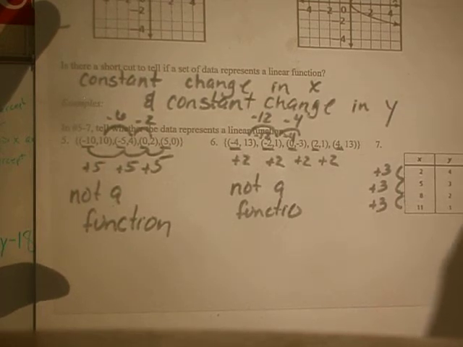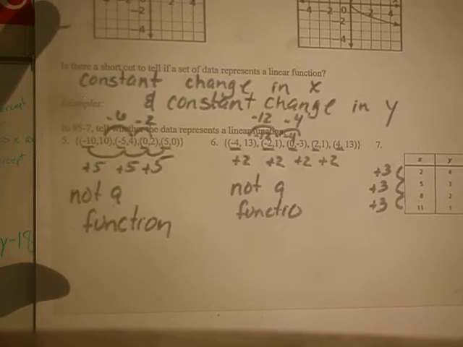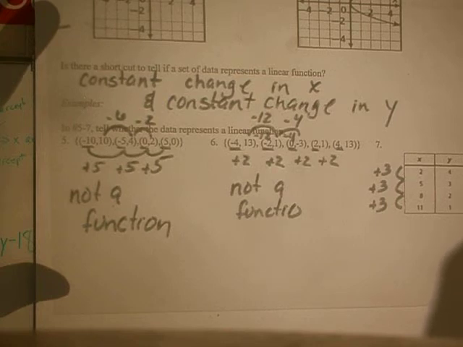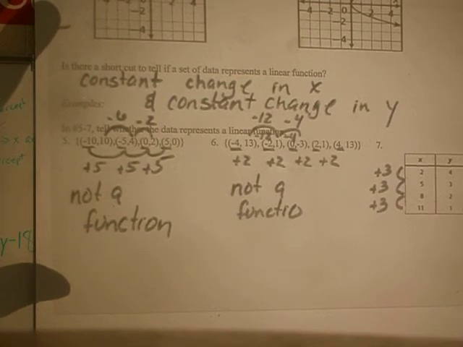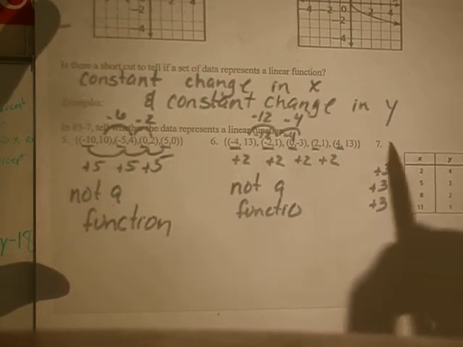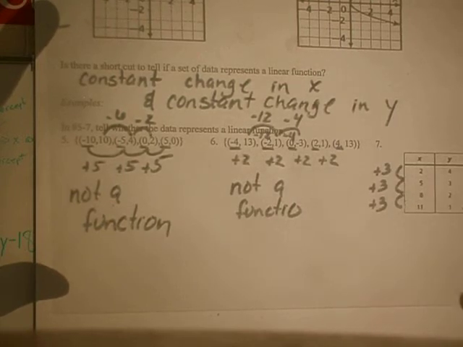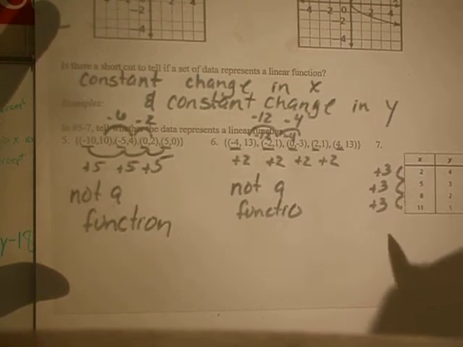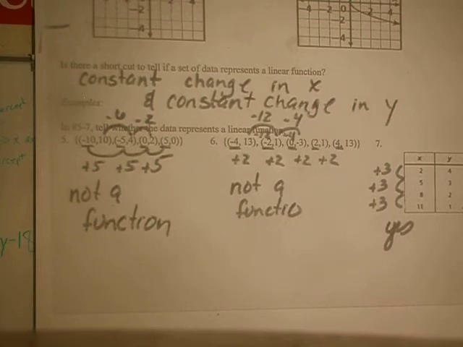On the y's, from 4 to 3, we've subtracted 1. From 3 to 2, we've subtracted 1. And from 2 to 1, we've subtracted 1. Constant change in our x's, constant change in our y's. So yes, this one is a function.